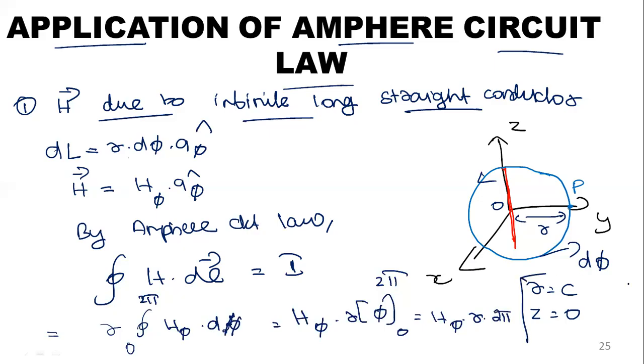So by H dot dl we got H phi into R into 2 pi, and that is equal to I. So H phi into R into 2 pi is equal to I according to Ampere circuit law.